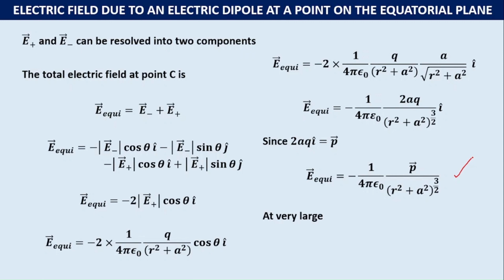Good. At very large distances, that is r much greater than a, we have E equatorial vector equals minus 1 by 4 pi epsilon naught p vector divided by r cube. The direction of E equatorial is opposite to the direction of p vector, which is shown by the negative sign here.